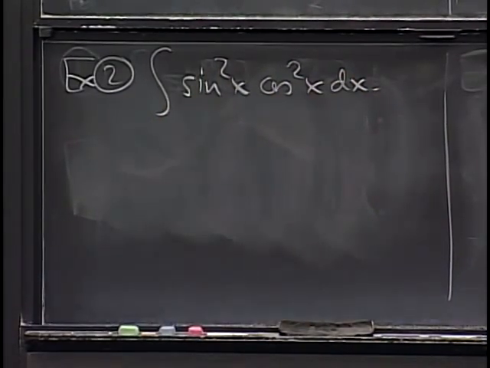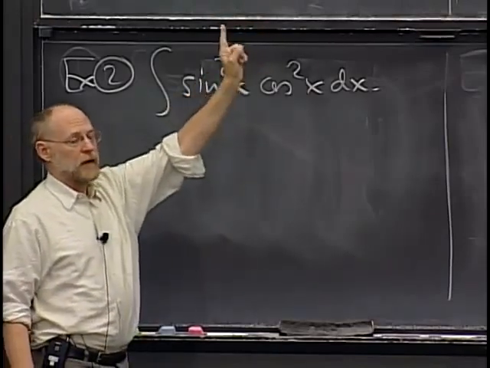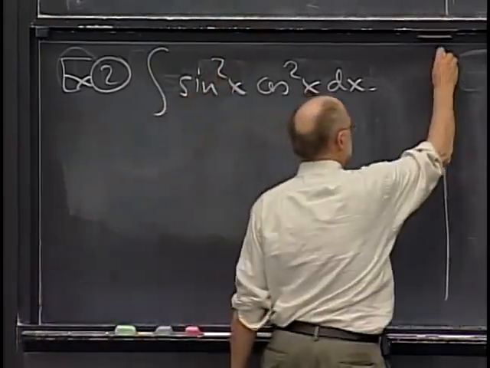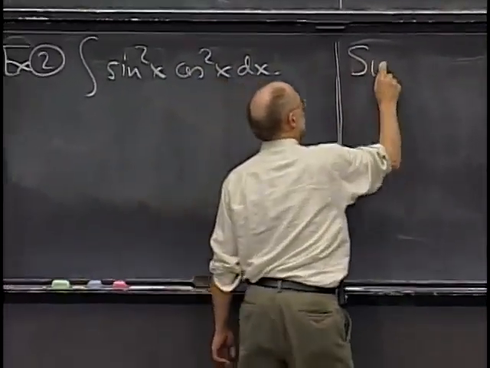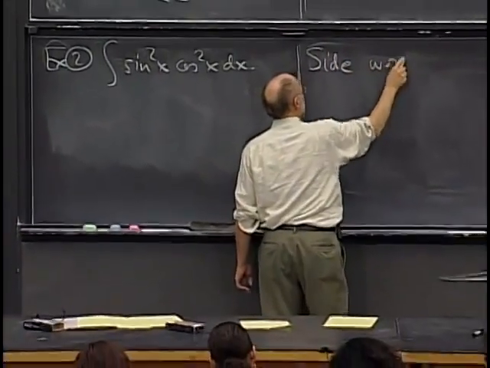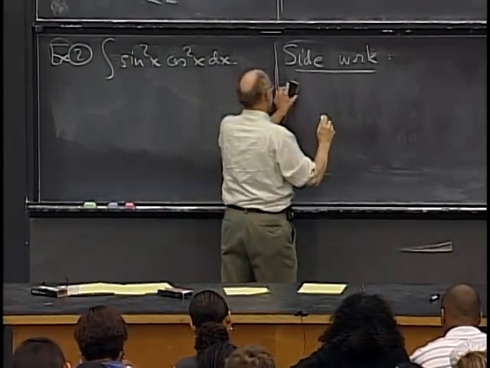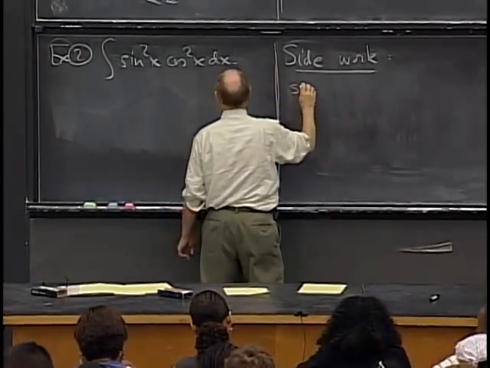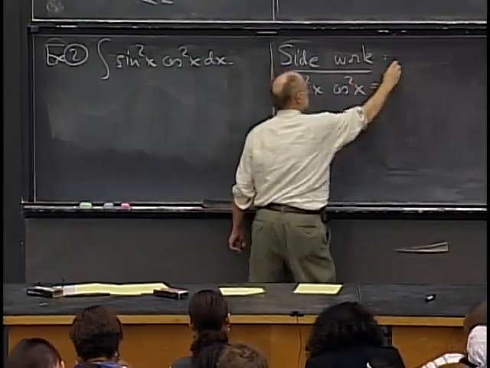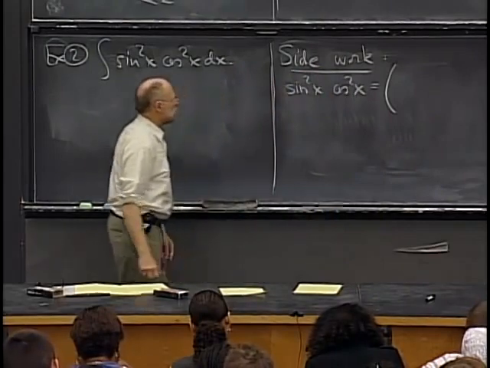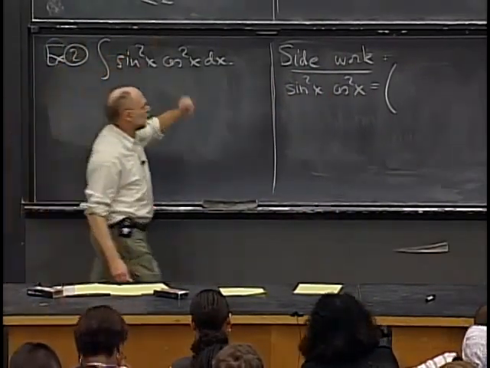I've got to work a little bit harder. And what I'm going to do is apply those identities up there. Now, what I recommend doing in this situation is going over to the side somewhere and do some side work, because it's all just playing with trig functions. It's not actually doing any integrals for a while. So I guess one way to get rid of the sine squared and the cosine squared is to use those identities, and so let's do that.